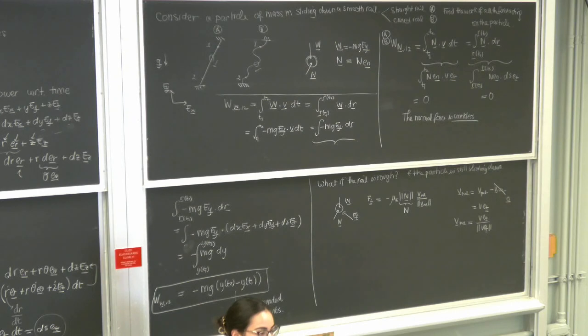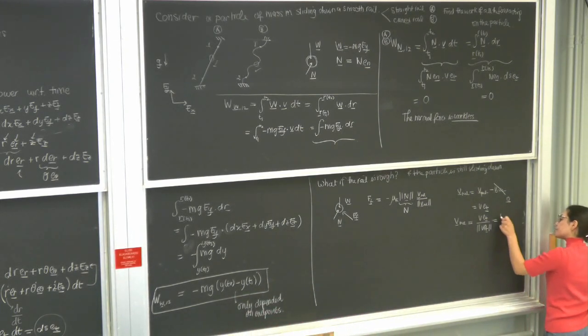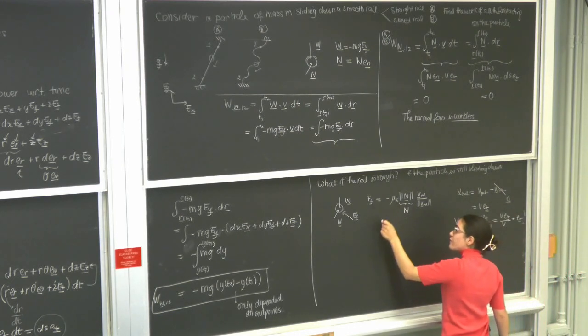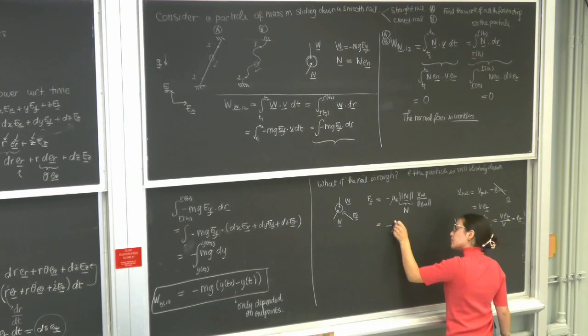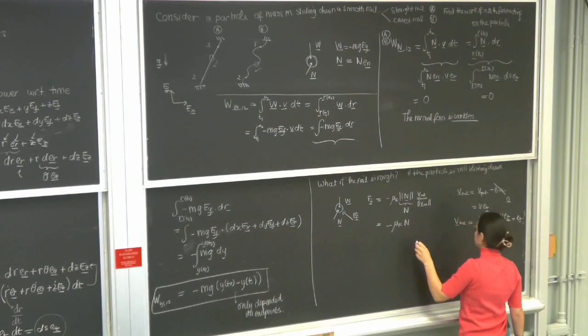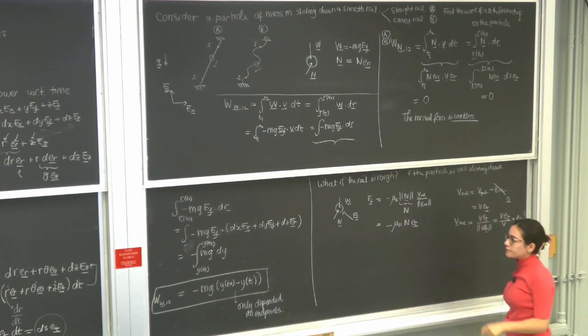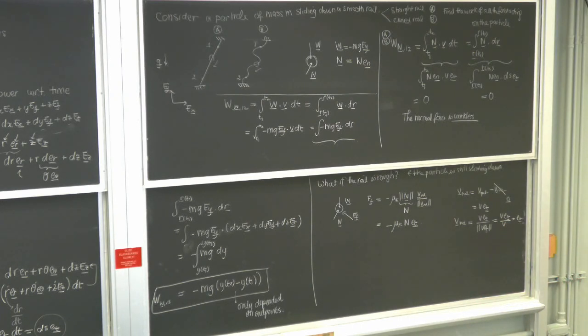So what's the magnitude of v times et? Just v. Do I have to put an absolute value over v? No, because it's defined to be always positive. So that's just v et over v, which is just et. So the kinetic friction force is equal to minus mu k N et. Any questions? That's important. That's part of your quiz on Thursday. Questions?